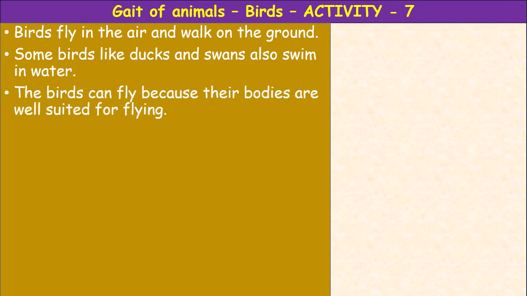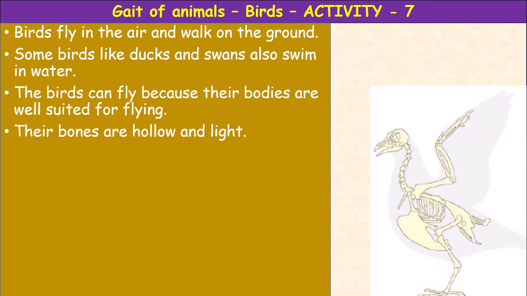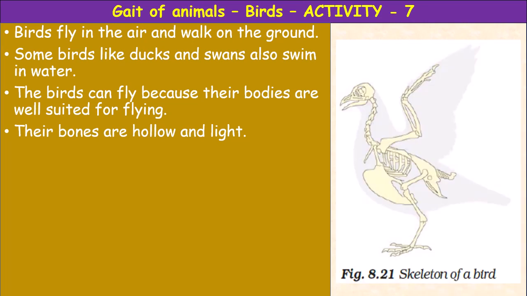The birds can fly because their bodies are well suited for flying, lightweight. They have hollow bones. Due to that hollow bones, their weight is also very less. See, these are the bones of a bird. It's a bird skeleton. They are hollow in nature.